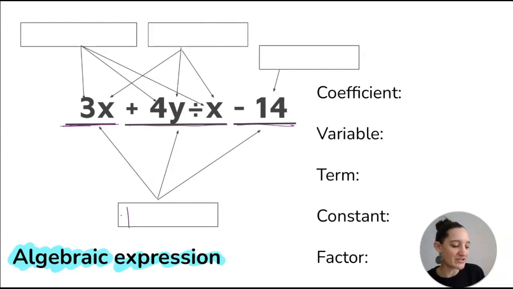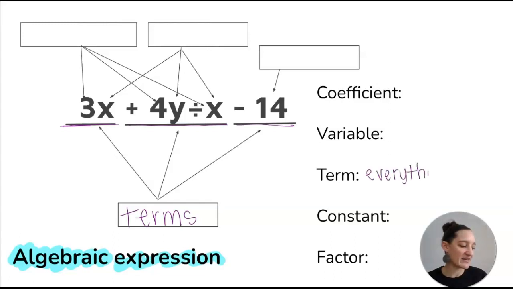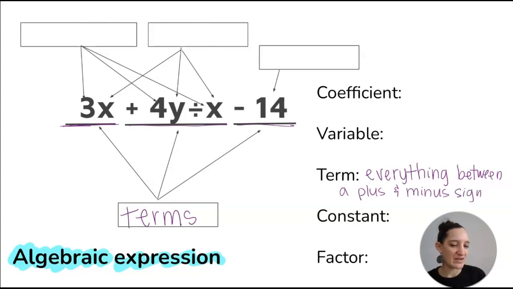These are called terms. Now, a term is, I'm going to have you label it as, everything between a plus and minus sign. So the way that I figure out a term is I begin underlining, and then once I hit a plus sign, I stop.